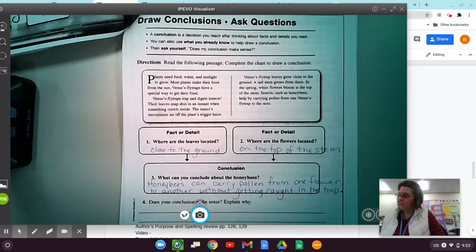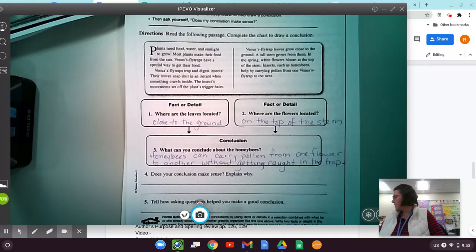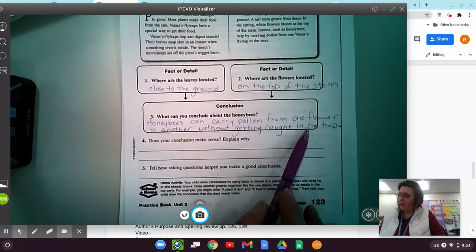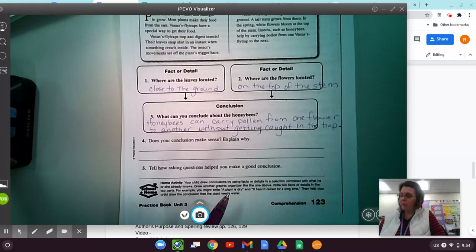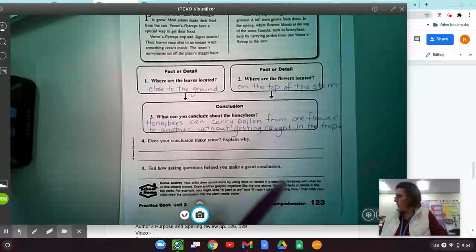That's fine. Does your conclusion make sense? Does that make sense that they're not going to get caught in the trap? Well, I think it does. They're not going to get caught in the trap because the flower is up tall, up high, and the trap is down below.